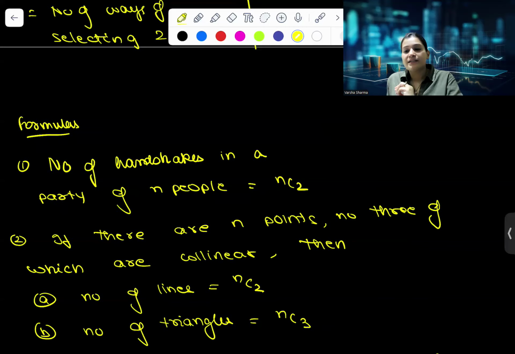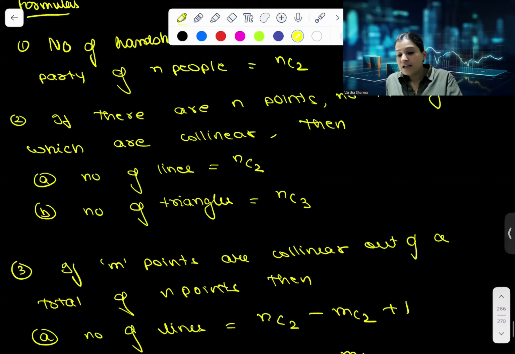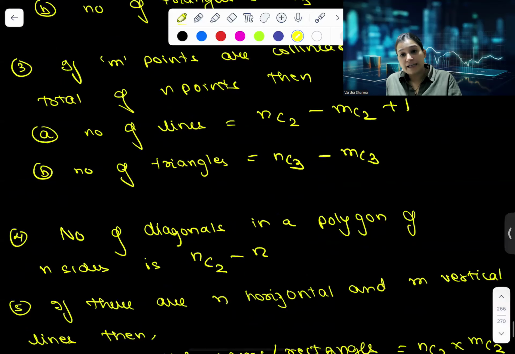10C3 minus 7C3. If we are talking about diagonals, form all the lines from the points and remove its sides. So 10 sides, 10 vertices. Out of 10 vertices, we get 10C2, 45 lines. Out of those 45 lines, remove the 10 sides, we get 35 diagonals.